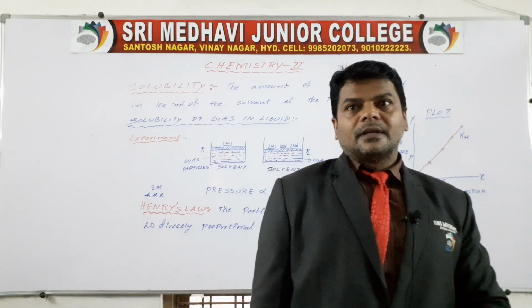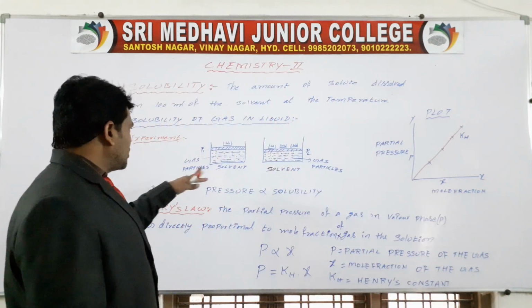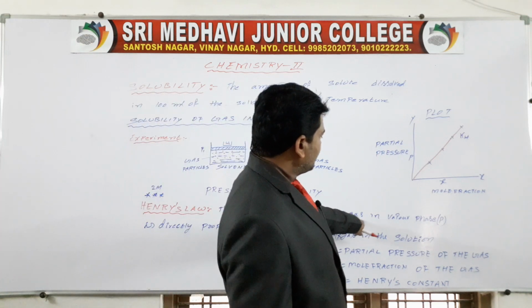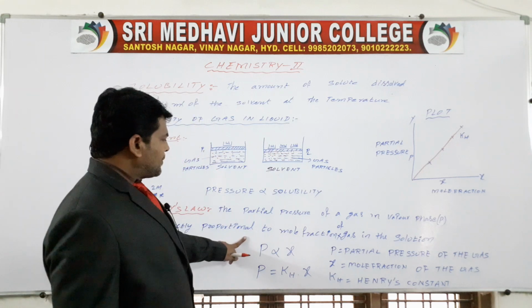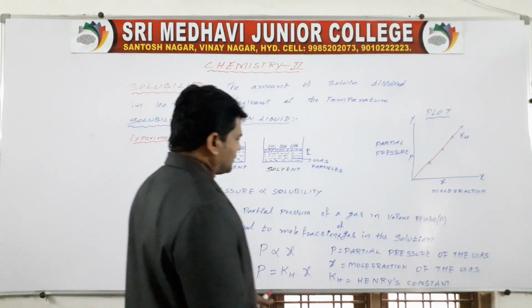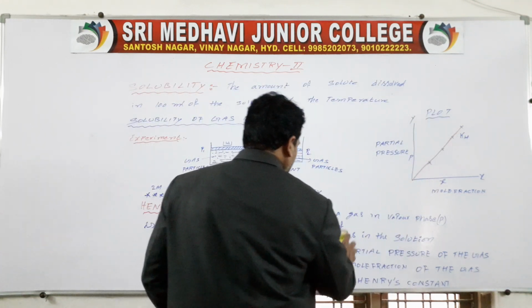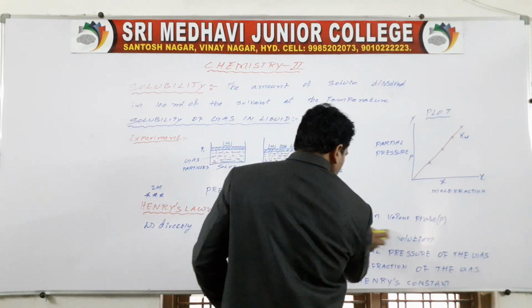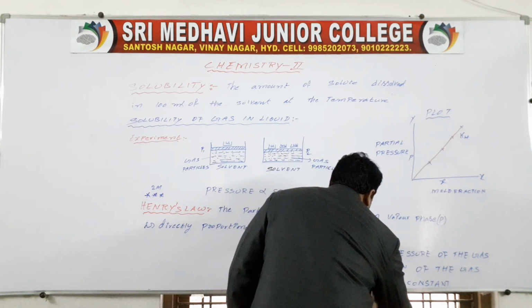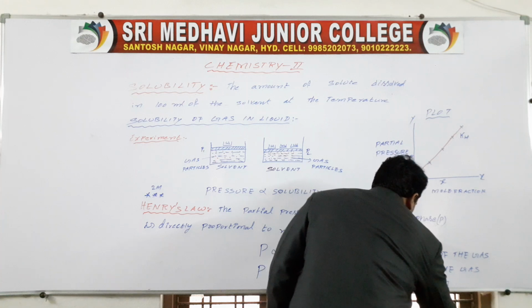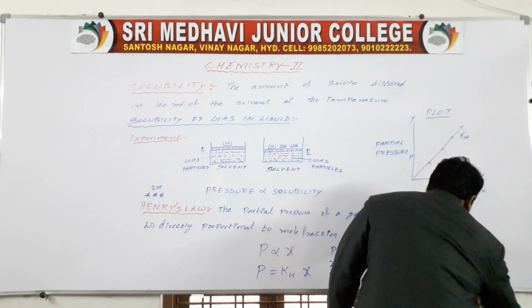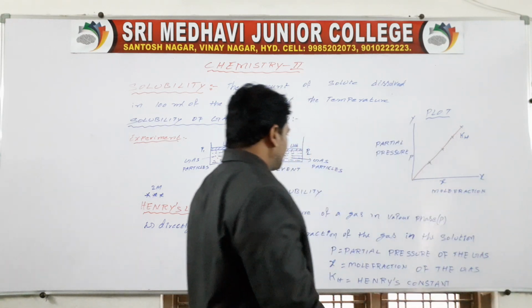He observed many gases insoluble in the corresponding liquid, and then proposed that the partial pressure of a gas in the vapor phase is directly proportional to the mole fraction of the gas in the solution.